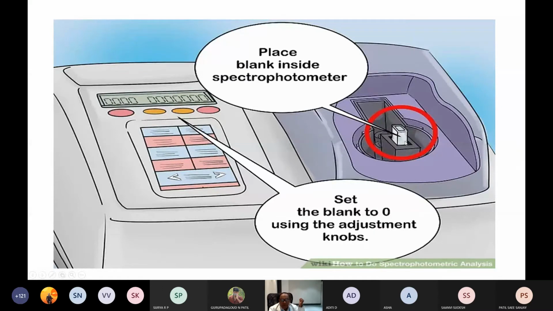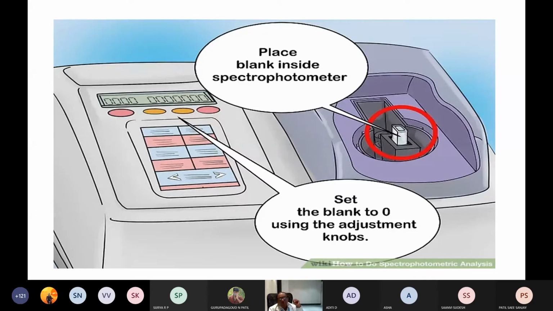This is a cuvette. You keep it in that slit and have the blank, which can sometimes be distilled water also. Just keep the distilled water, take the reading of the reagent blank. Even if the reagent itself is a colored one, for example in creatinine estimation, you are using picric acid, which basically has a yellow color.